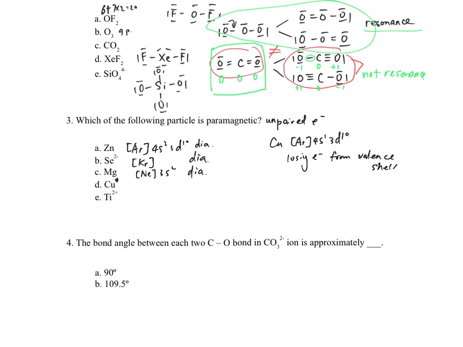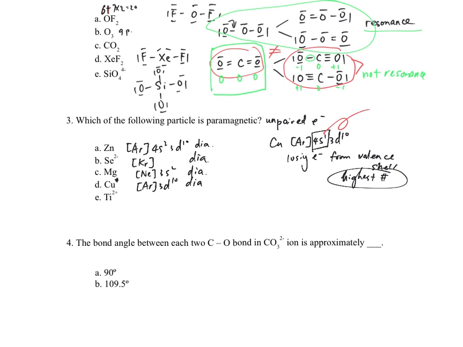Now, what is valence shell? Valence shell is the highest number shell. In this situation for copper, that is clearly 4s1. So Cu plus would be losing that 1 electron, and you end up with argon 3d10. Argon is completely full, and 3d10 means a full 3d orbital. So that is diamagnetic as well.